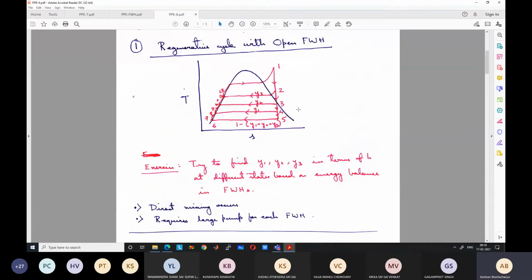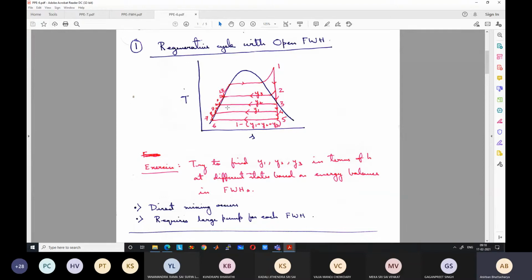So you should try to, as I have told in the previous class, find out Y1, Y2, Y3 in terms of enthalpy values at all the steps. Okay, H1, H2, H3, H4, H5, H6, H7, H8, H9, H10, H11, 12 and 13, from energy balance. And then you should be able to solve any of the problems.